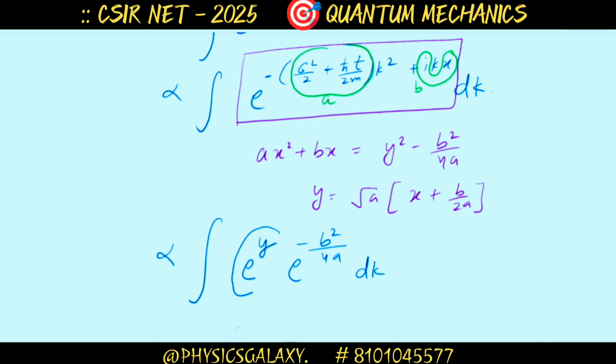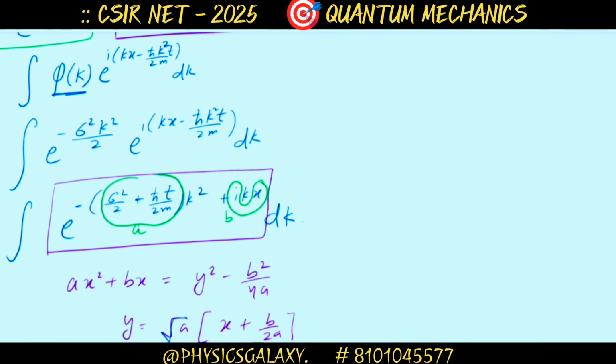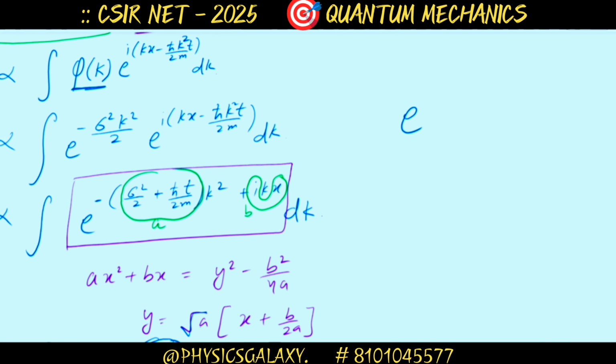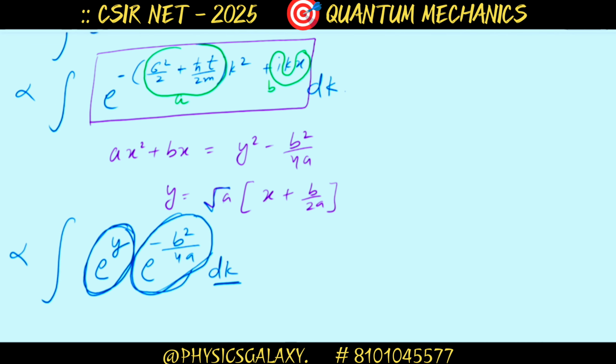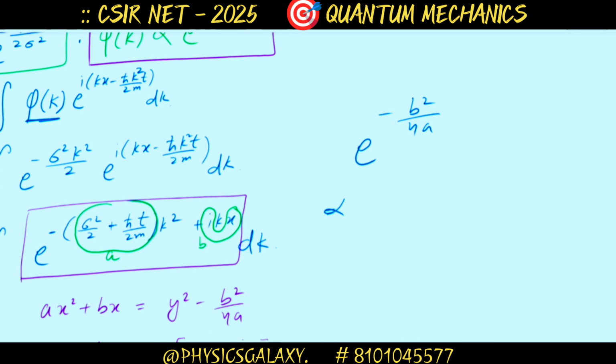We're not concerned about the y factor, because it will be integrated with respect to dk. So the only factor we are concerned about is this one, e to the power minus b square by 4a, and this will not be integrated because in the exponent it's a constant.